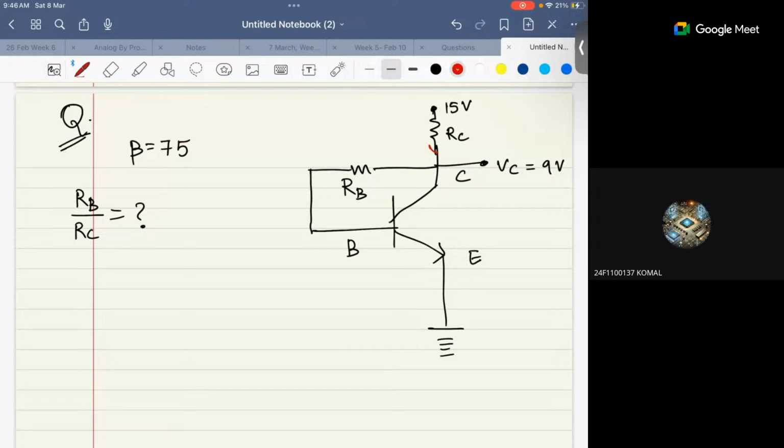There is some current IC. From here also some current IB is coming, and here it is going IE.